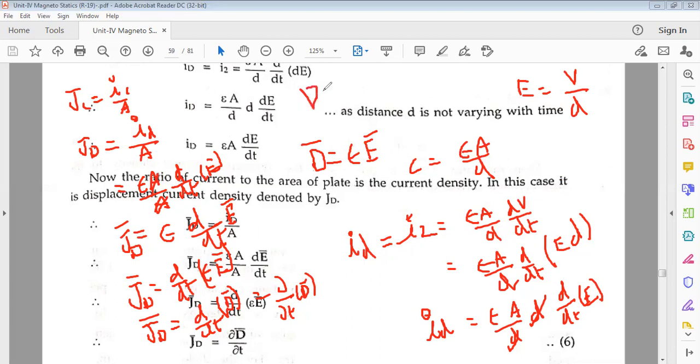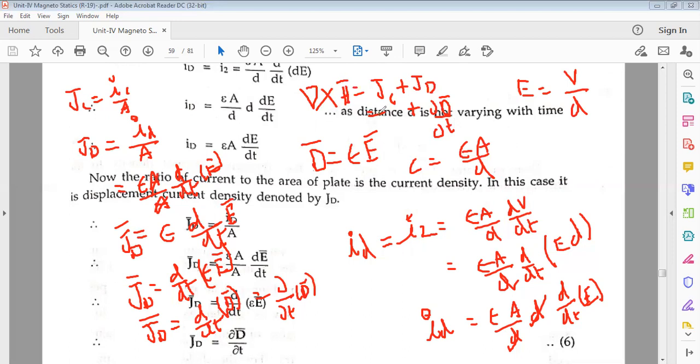In Maxwell's equation, the modified Ampere's circuital law, del cross H bar is equal to the first term JC, the conduction current density, plus JD, the displacement current density. JD we now got as dou D bar by dou t.